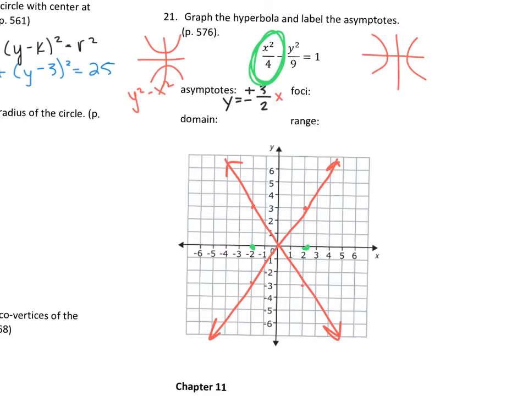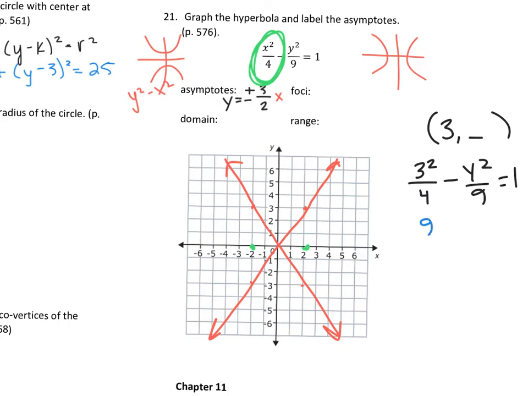To figure out another point, what you want to do is plug in a number that's greater than 2 or less than -2. So I'm going to plug in 3 for x, and I'm going to solve for y. So I'm going to find the ordered pair 3 and solve for y. Once I get one of these points, I can use symmetry to get the other points.